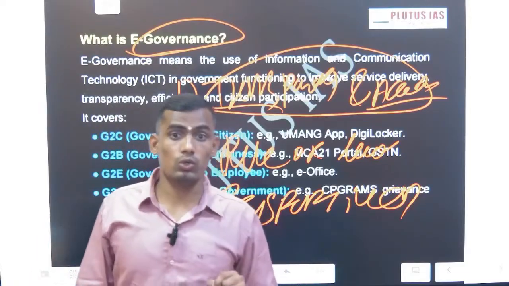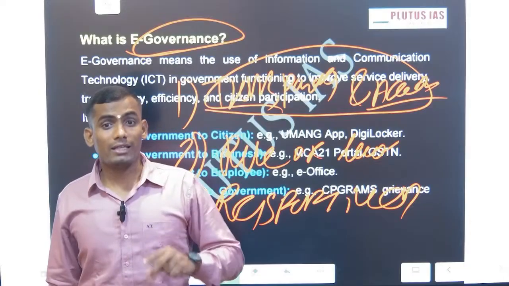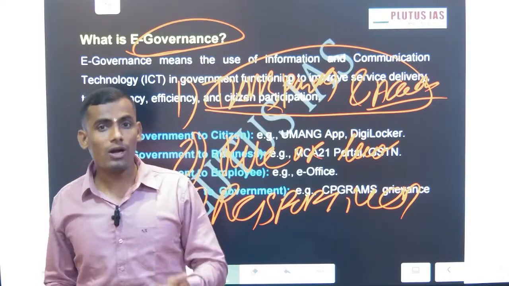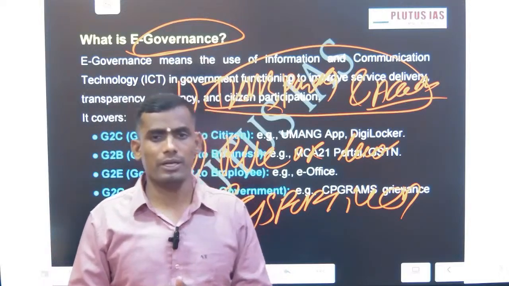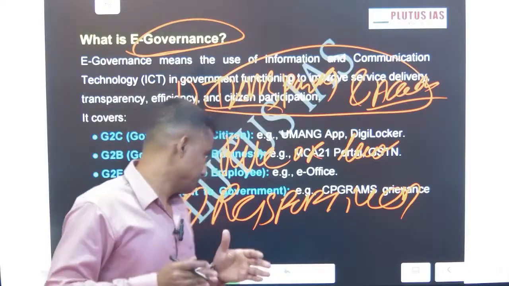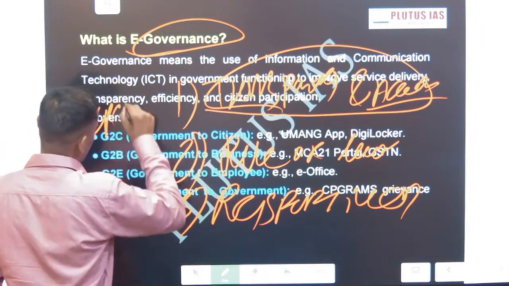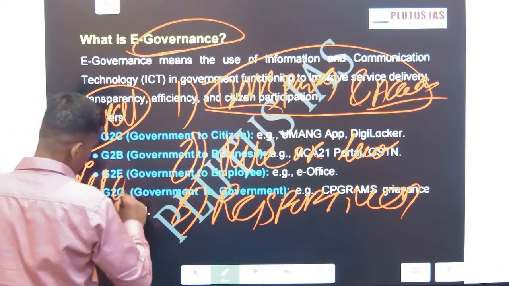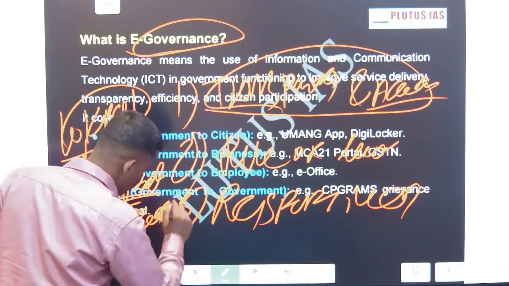As we all know, the RTI movement. And the next significance is accountability. How can we ensure accountability, as a citizen or within the department? If you remember the Lokpal movement, it is all about accountability of the government.